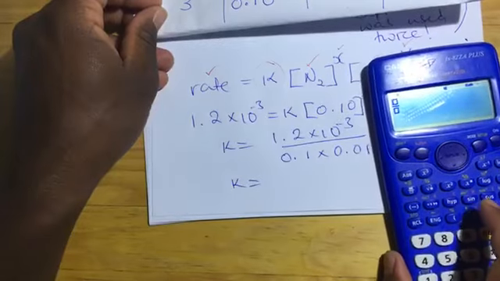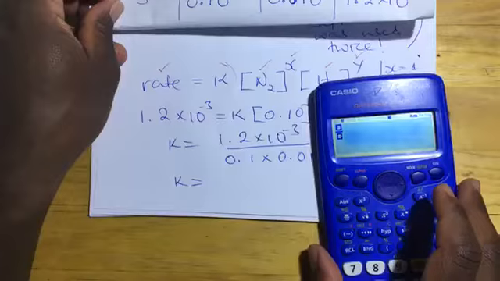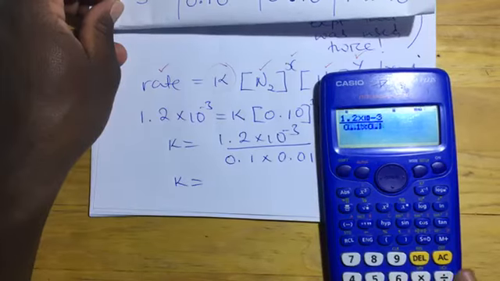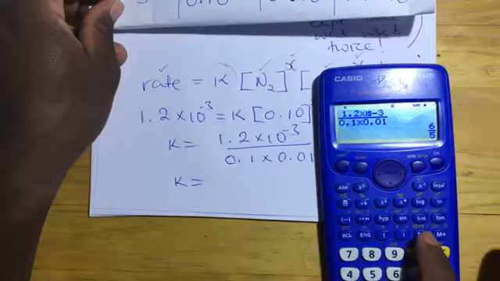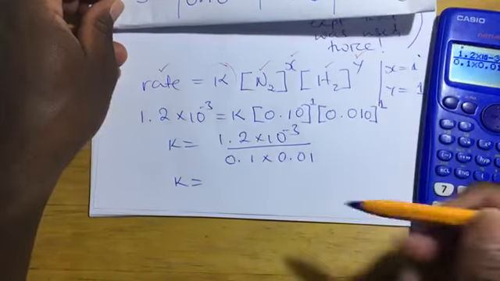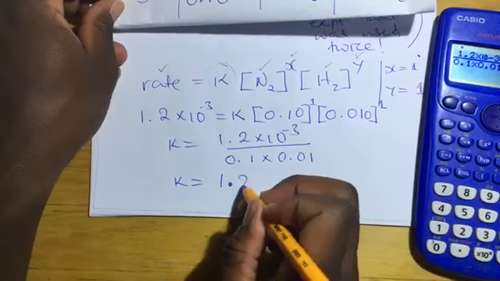Okay, we're going to get 6 over 5, which is 1.2. So the rate constant here is going to be 1.2.